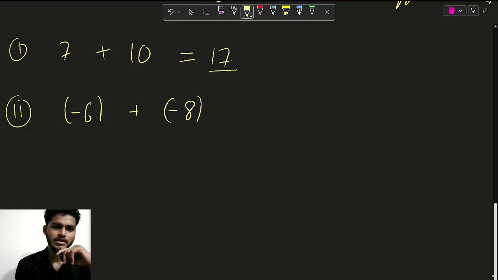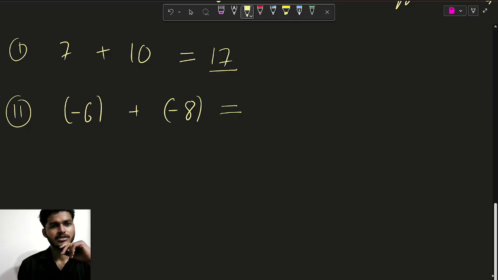Now here also you have two integers which have the same sign. Here you had two integers which were positive in nature, and here you have two integers which are negative in nature. So how to do this? You just apply the same method which you applied here to add.